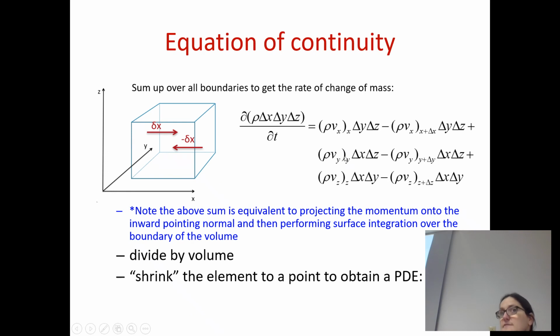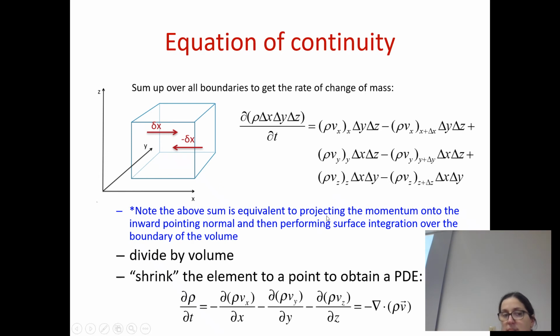It's a negative partial derivative with respect to y of rho Vy. Yes? And similarly, the last one is going to be divided by delta z when I divide by volume. So I'm going to have a negative derivative of rho Vz in the z direction. Yes? So I have the x coordinate of rho v vector, y coordinate of rho v, and z coordinate of rho v. This is the divergence of rho v.